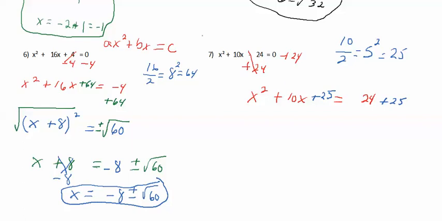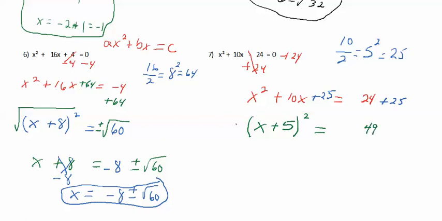Okay, what I did over here on the left side is I made a perfect square trinomial. I have my x, I have my 5, put a plus, square it, is equal to, and I add 24 plus 25, so I've got 49.